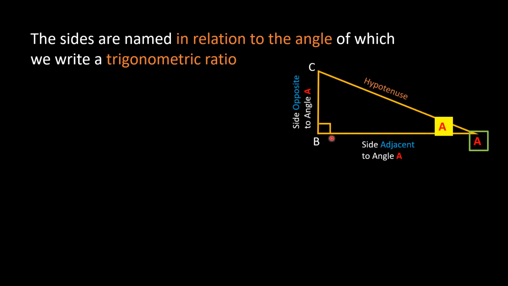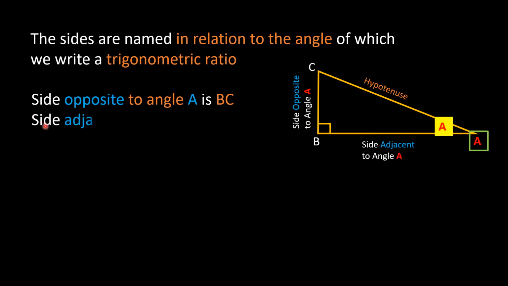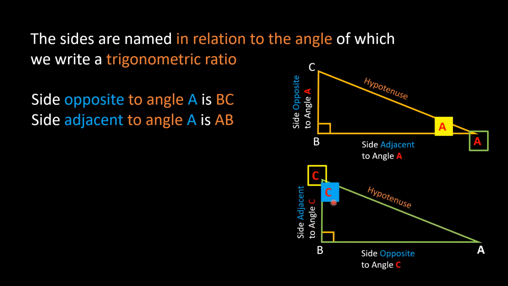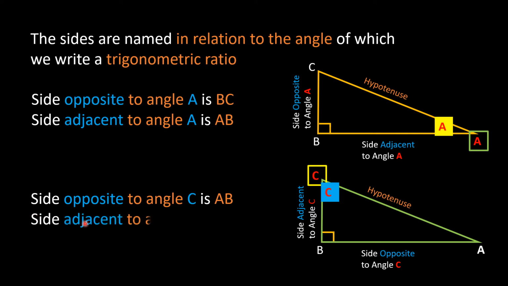In right triangle ABC, if we want to write trigonometric ratios of angle A, then side opposite to angle A becomes BC and side adjacent to angle A is AB. If we want to write trigonometric ratios of angle C, then side opposite to angle C is AB and side adjacent to angle C is BC.